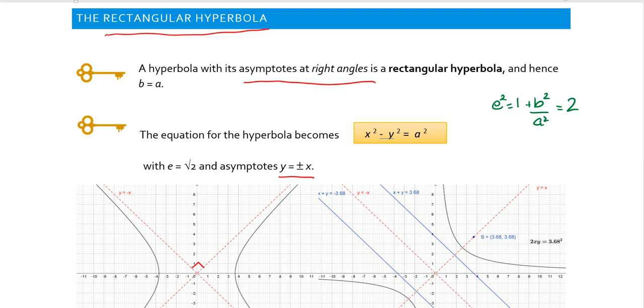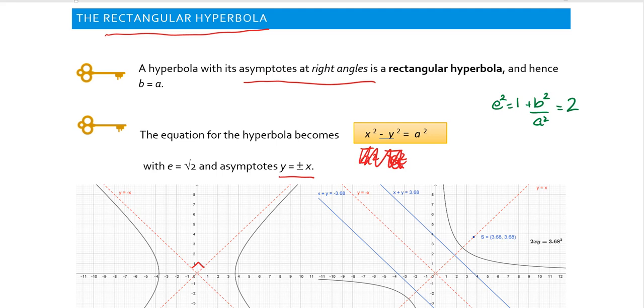And in that case, we need a equal to b, because we know the equation for the asymptotes is going to be y equals plus or minus b on a times x. And if a equals b, then in our ordinary equation for the hyperbola, which we know is x on a squared minus y on b squared equals 1, we've got x squared on a squared minus y squared on a squared.